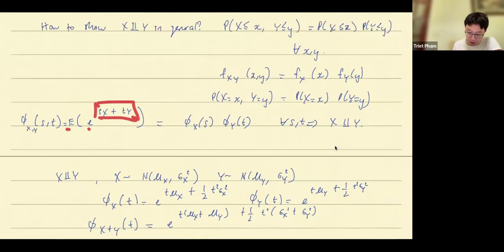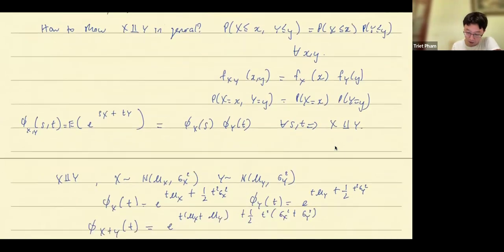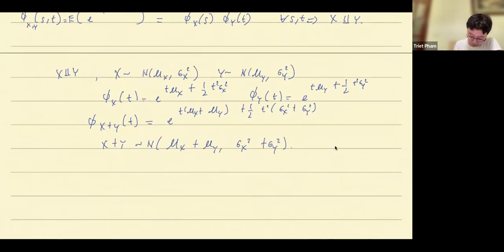So in our problem, s times X will be a normal with mean s times mu and variance s squared sigma squared, and t times Y will be a normal with mean t times mu and variance t squared sigma squared.